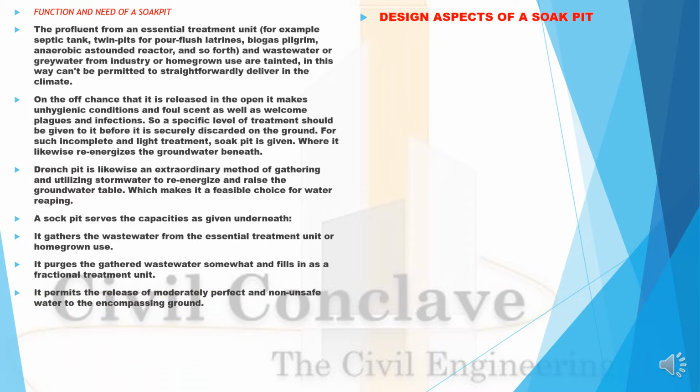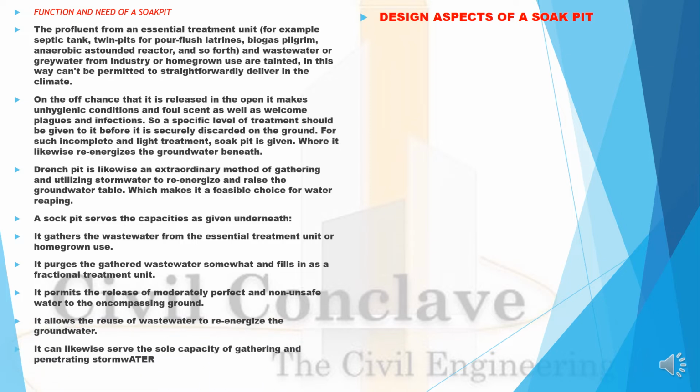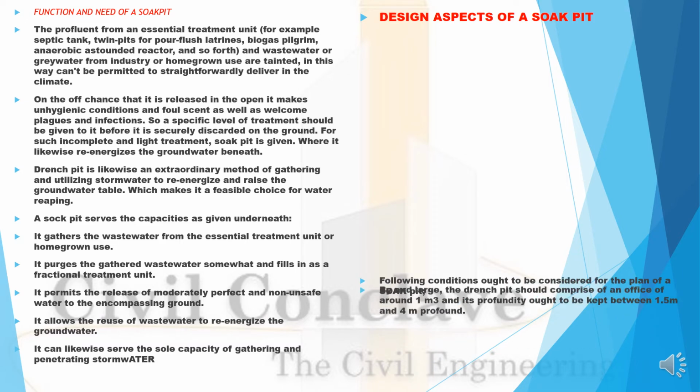It permits the release of relatively clean and non-harmful water to the surrounding ground. It allows the reuse of wastewater to recharge the groundwater. It also serves the sole function of collecting and percolating storm water.